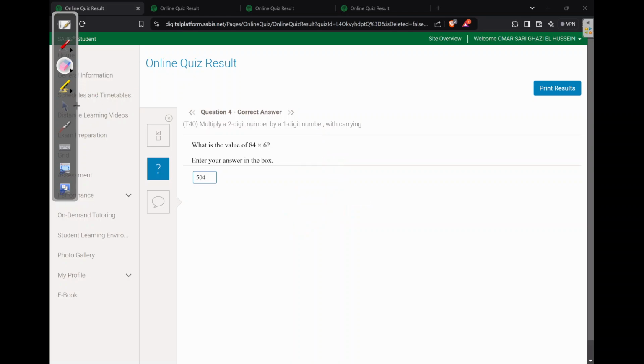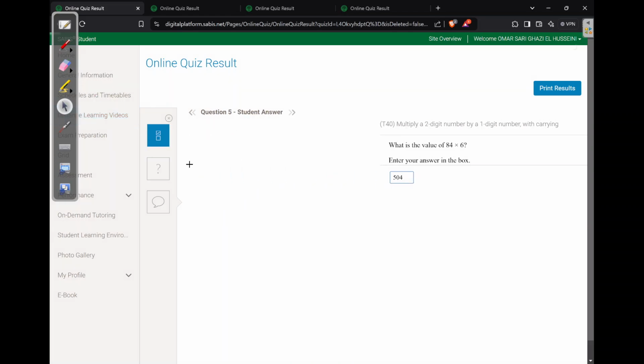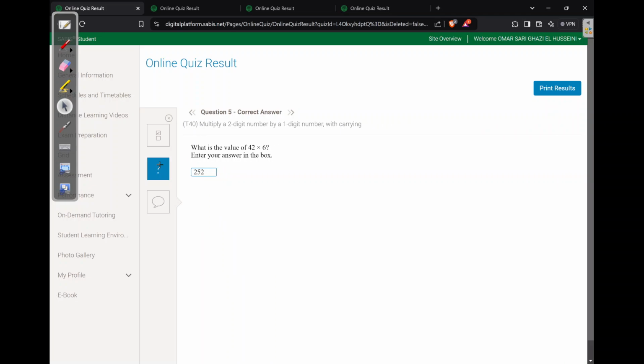Question 5. 42 times 6. 6 times 2 equals 12. 1 up. 6 times 4 equals 24. We add that 1 equals 25. 252.